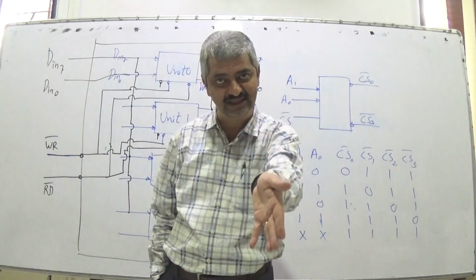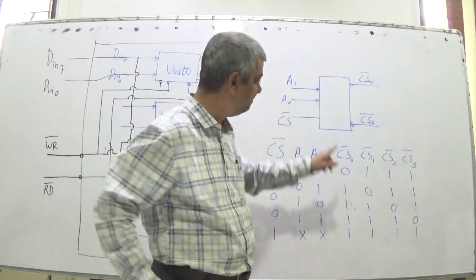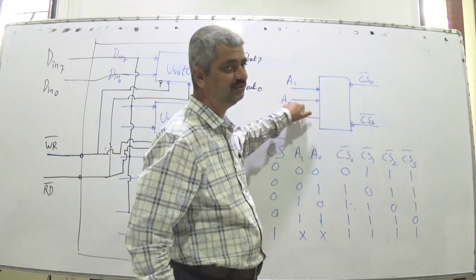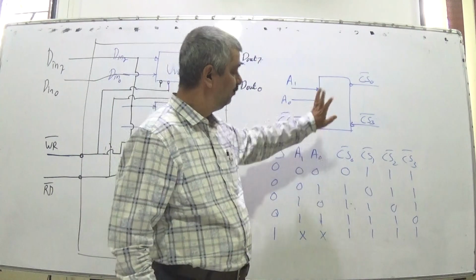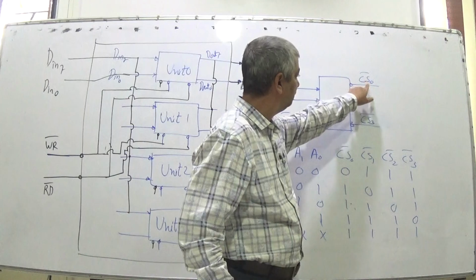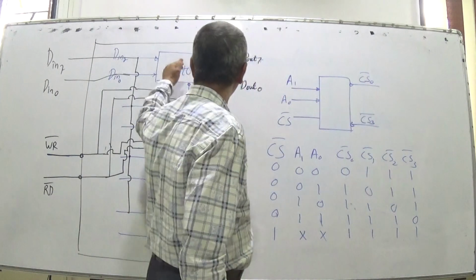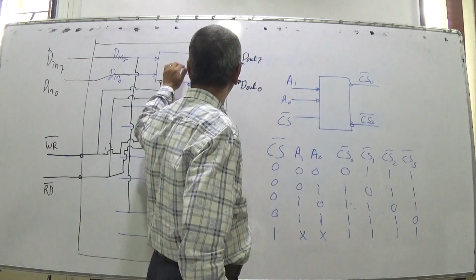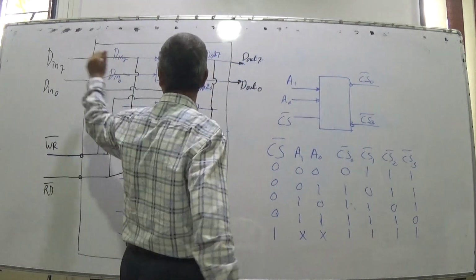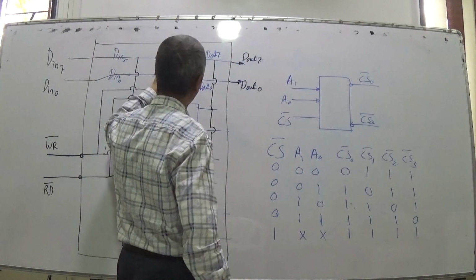So that class is to be selected, then number. So the chip is to be selected, then address. So using this, what will happen is appropriate line will go low. So data of appropriate location will come, or data will get stored in appropriate location.